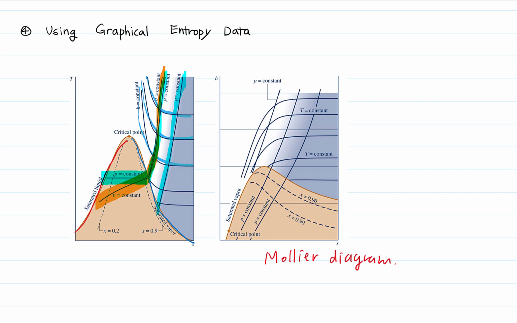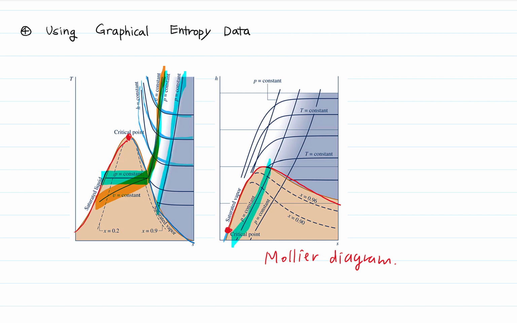On the Mollier diagram, the y-axis is enthalpy and the x-axis is entropy. This is the saturated liquid line, and this is the saturated vapor line. The critical point is here. On the other hand, on the TS diagram, the critical point is at the top of the vapor dome.